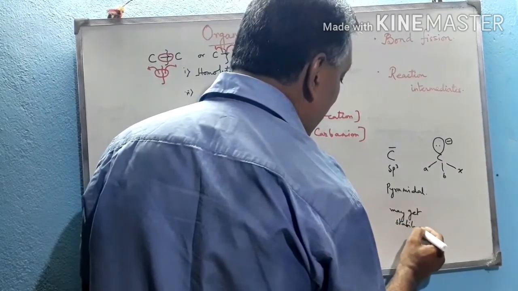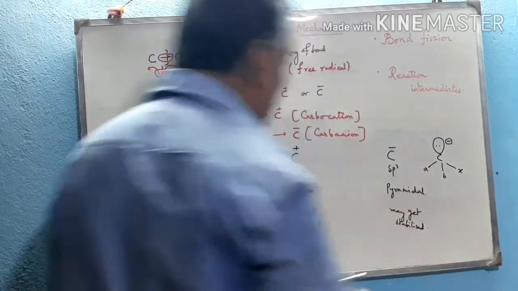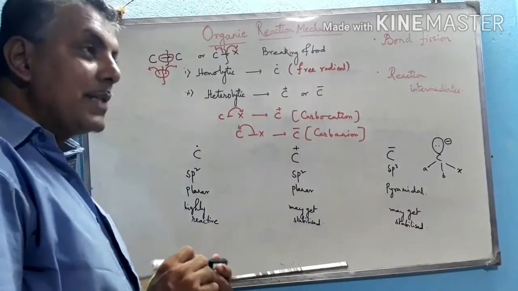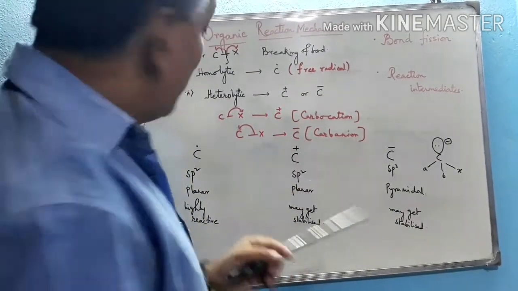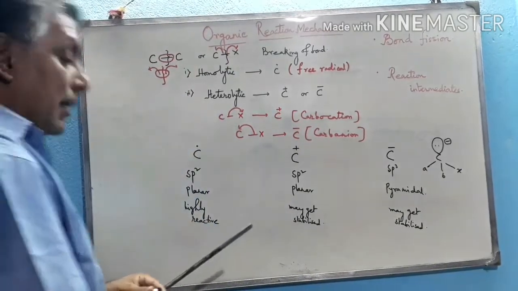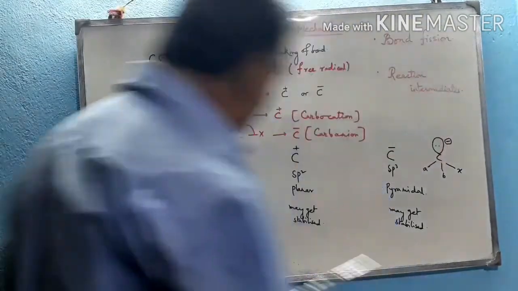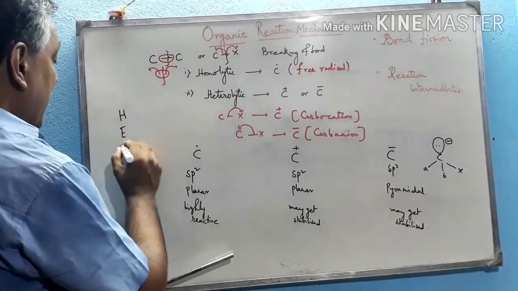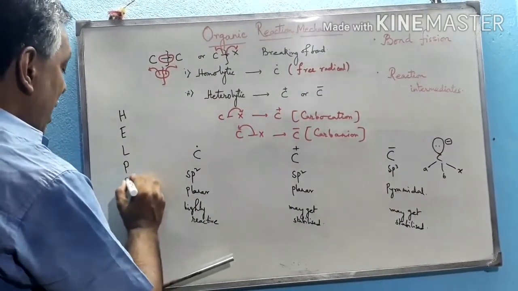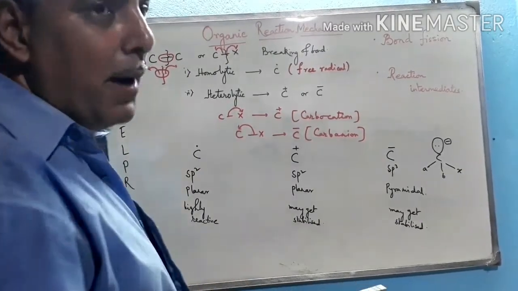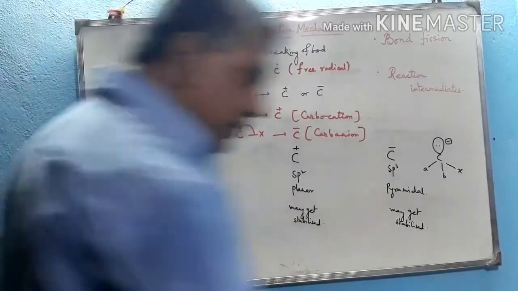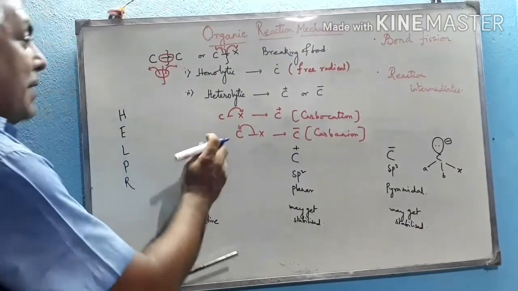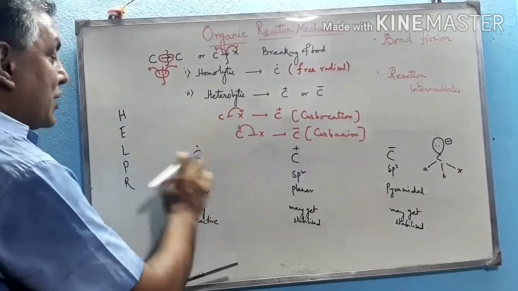Now how does it generate? During bond fission, we know that in maximum cases heterolytic bond fission occurs, but the free radical is formed only in these 5 conditions: H, E, L, P, R. Rather, we can pronounce it as helper.